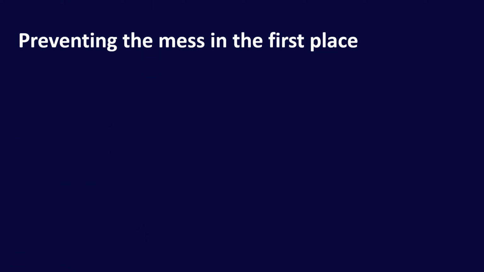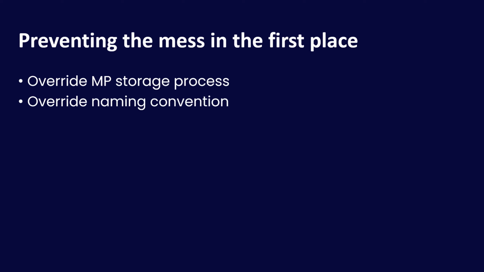So I think you'll agree it's a really valuable tool, but what's more important than seeing the mess is preventing the mess in the first place. And how do you do that? Well, a good process for how you store overrides in MPs is really important. And part of that is a sensible naming convention.